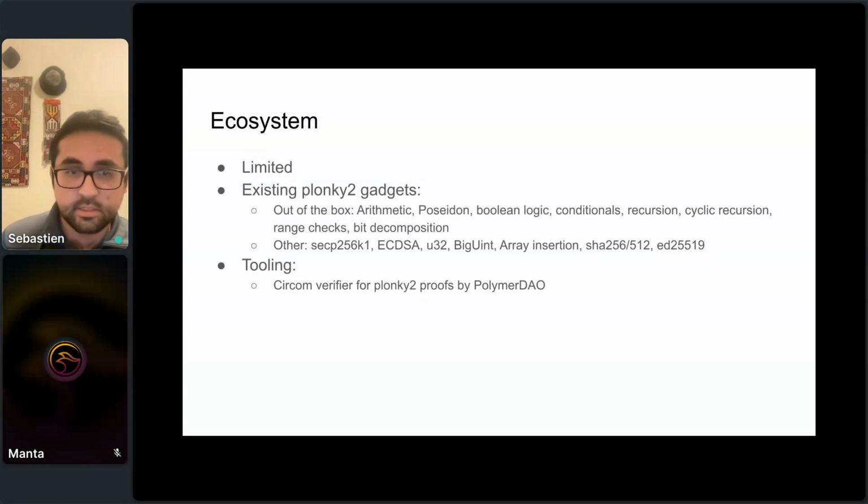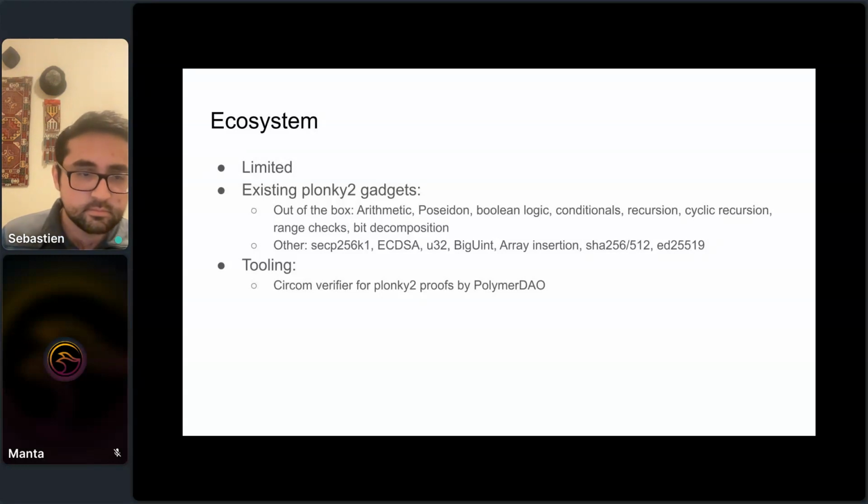However, the Plonky2 ecosystem is starting to pick up. We have a lot of gadget libraries built out of the box, and there are some more being built as we speak.